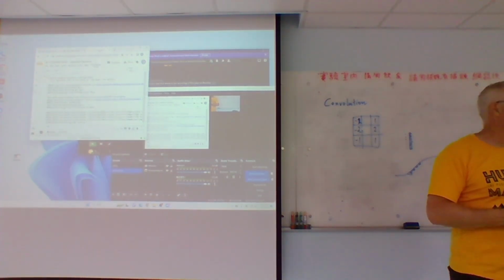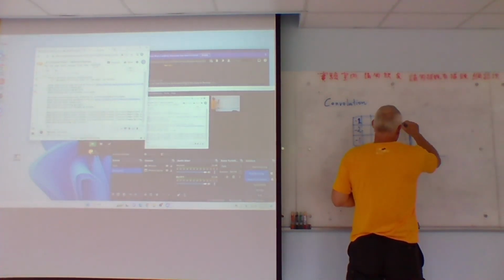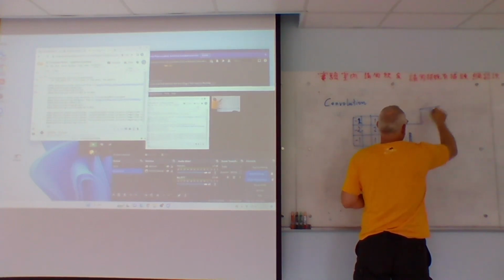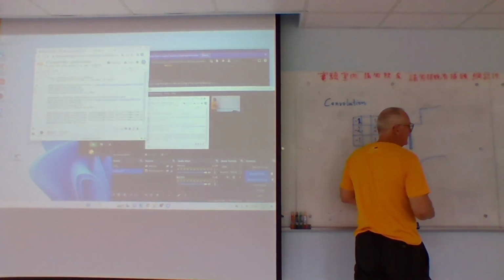So in that case, your output image would be, instead of what you want, which would be this, right? Black, here's your edge, everything else is white.